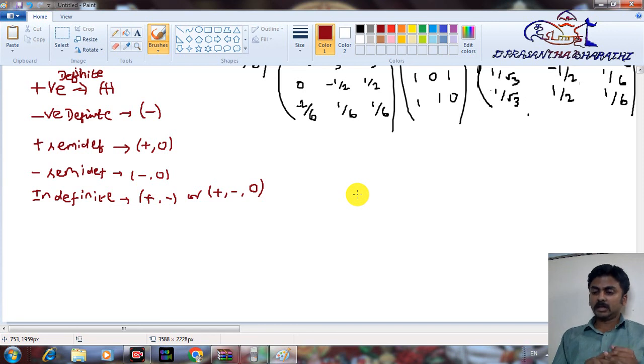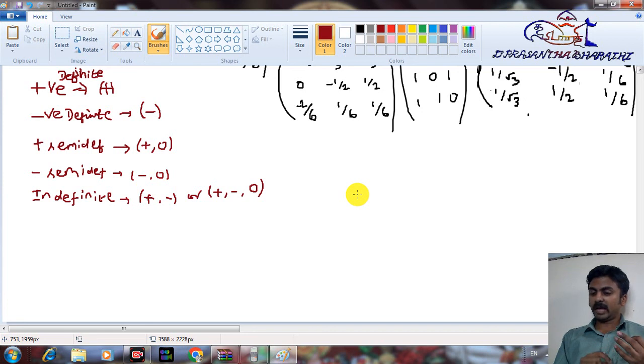This is finding the nature by using the characteristic equation, and we can also deduce the nature by seeing the eigenvalues. When we have 3 eigenvalues and all 3 are positive, it is positive definite; all 3 negative means negative definite. 2 positive and 1 zero, or 1 positive and 2 zeros, means positive semi-definite. 1 negative and 2 zeros, or 2 negative and 1 zero, means negative semi-definite.